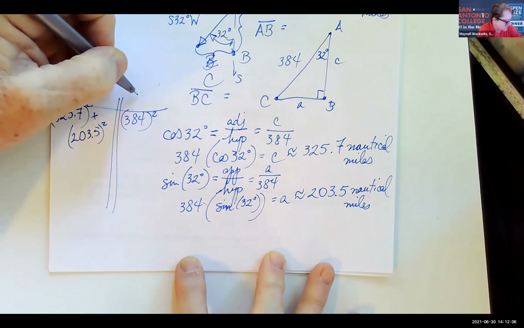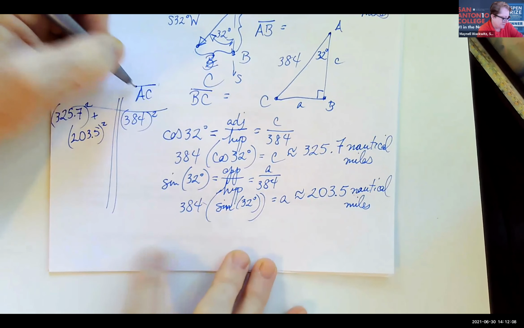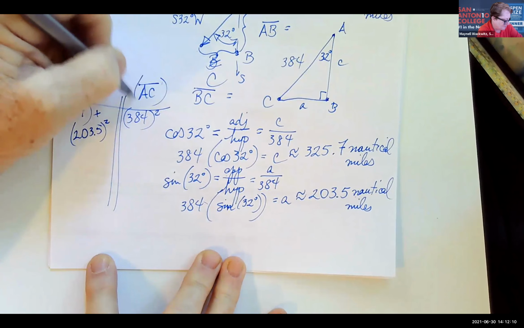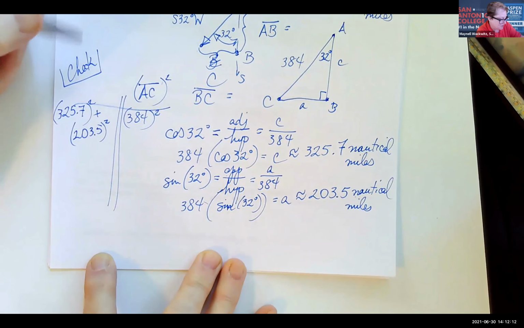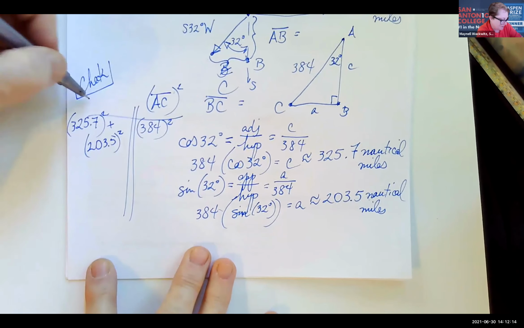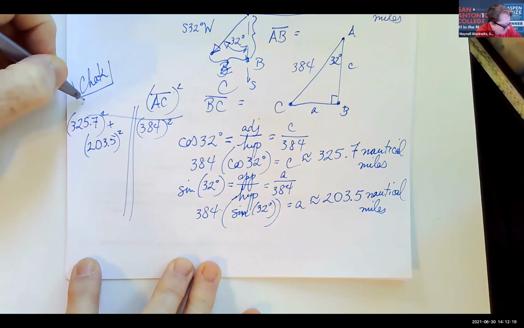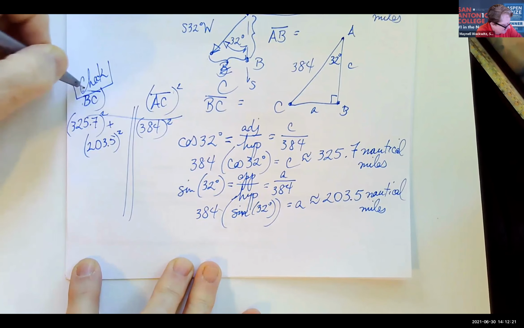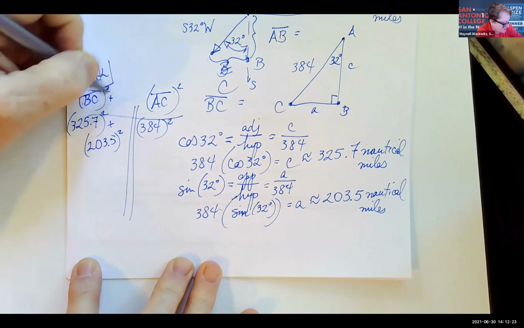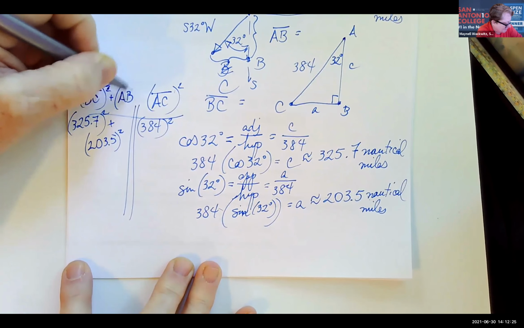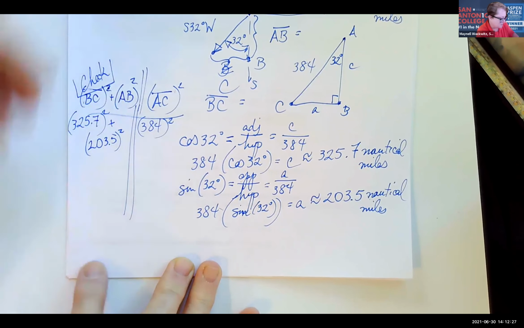And this was distance AC. So we have distance BC squared plus distance AB squared, and that should be the same as AC squared.